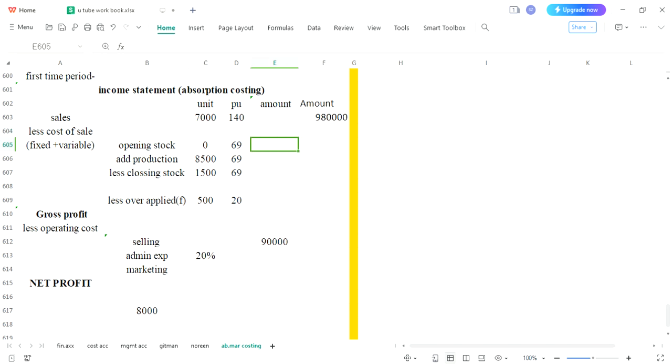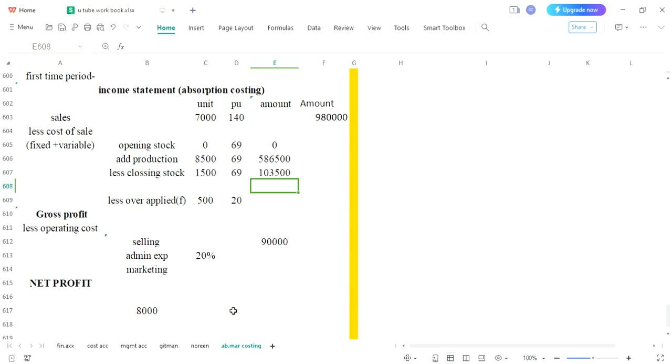Now we will come to the inner column and calculate the amount for opening stock. Since the number of units for opening stock is 0, it would be 0. Now for production cost, units 8,500 would be multiplied by per unit 69. Production cost. Closing stock, units 1,500, would be multiplied by the per unit cost, which is 69.